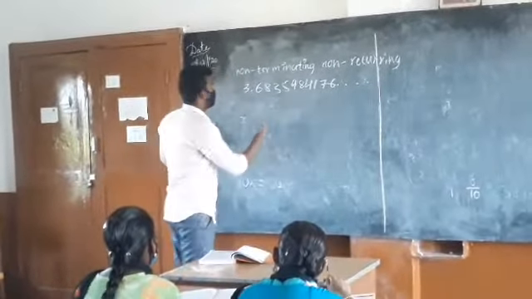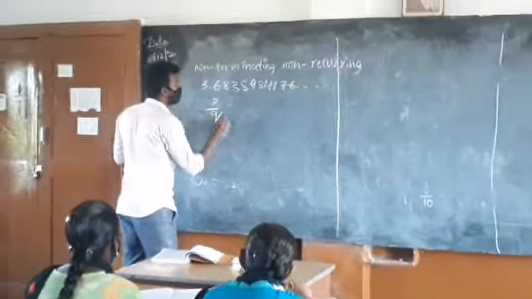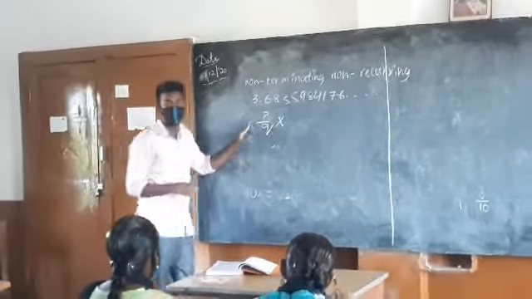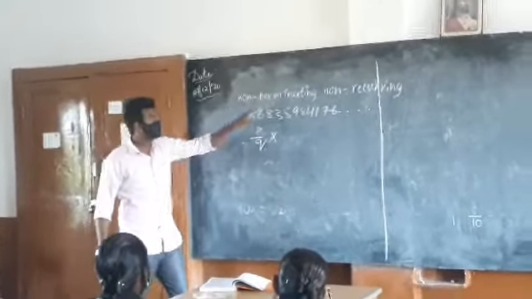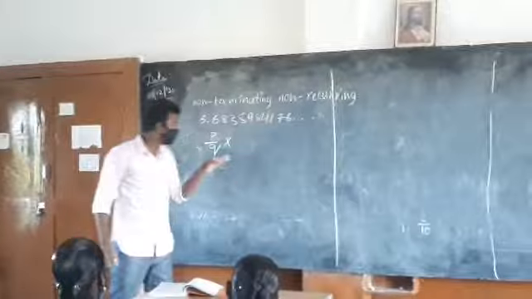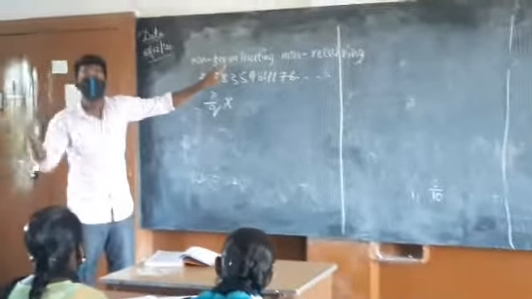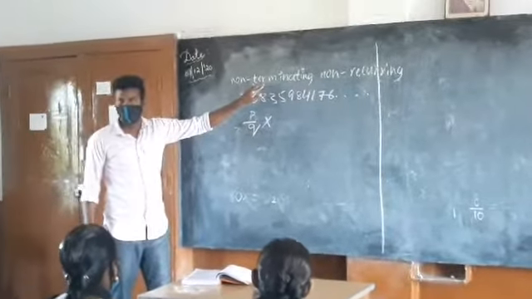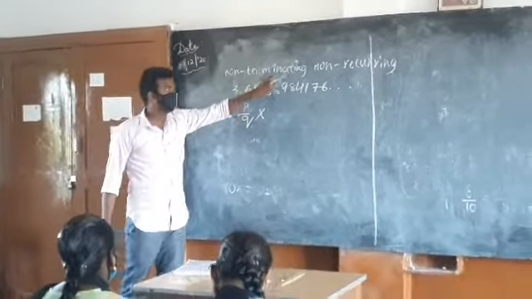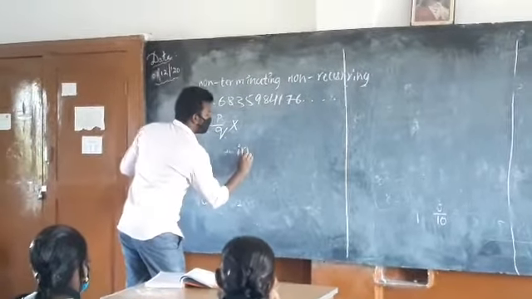So, these kinds of decimals cannot be converted into p by q form. If they are not convertible into p by q form, they are irrational numbers. Okay, non-terminating, non-recurring: irrational numbers.